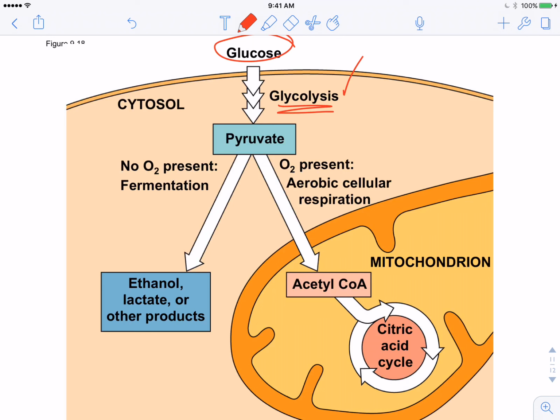At the end of glycolysis, we have our pyruvate. And then at this point, the cell makes a decision. If there is no oxygen present, it goes to anaerobic respiration, so ethanol, lactate, or other products. If there is oxygen present, we go through aerobic cellular respiration because it's preferred, because it makes more ATP.